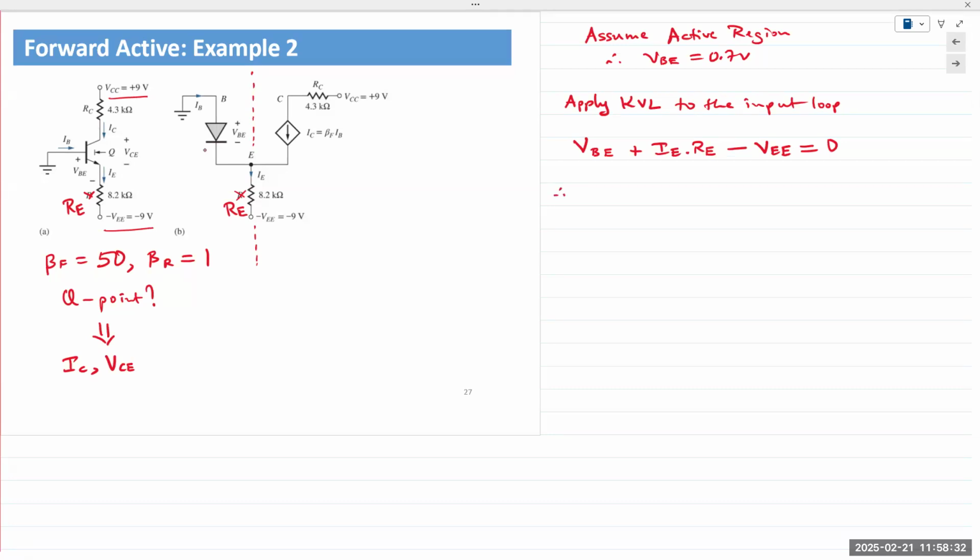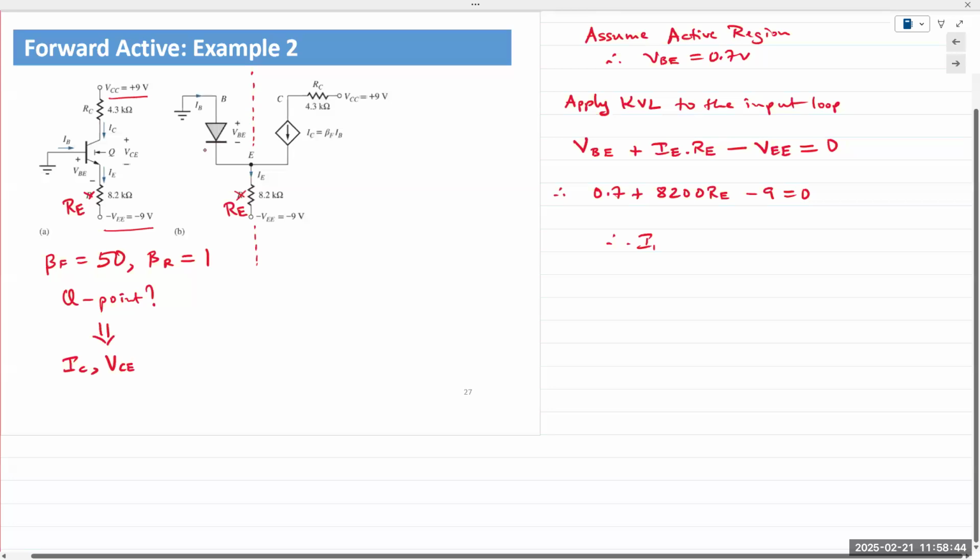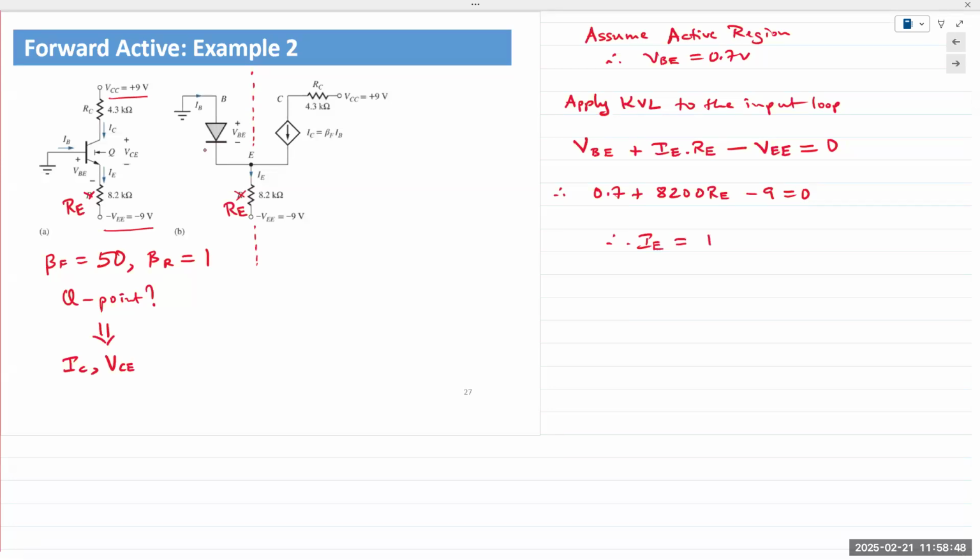All right, plug in the values. We get 0.7 plus IE times 8.2k RE minus 9 volts gives you 0. Therefore, you find IE. So from the input side, I can find IE.